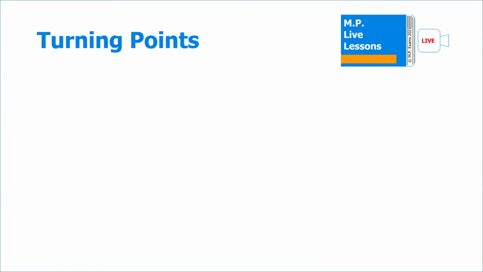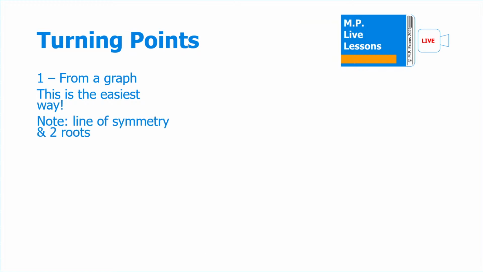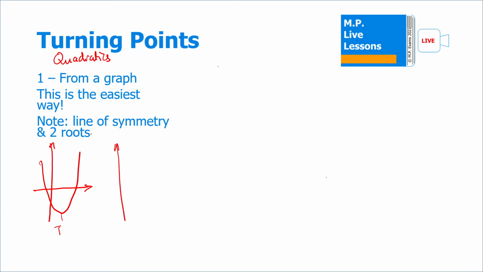Now, higher tier will also need to deal with turning points. So from a graph, it's actually easy. And these are usually from quadratics. So for example, you could have a graph that looks like this. And this is its turning point. You could also have an upside down version as well. And this would be its turning point.